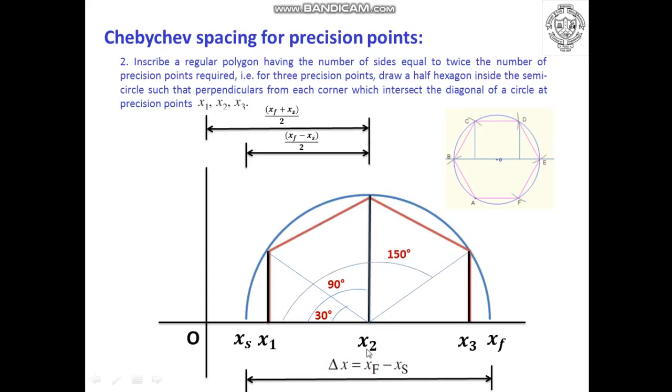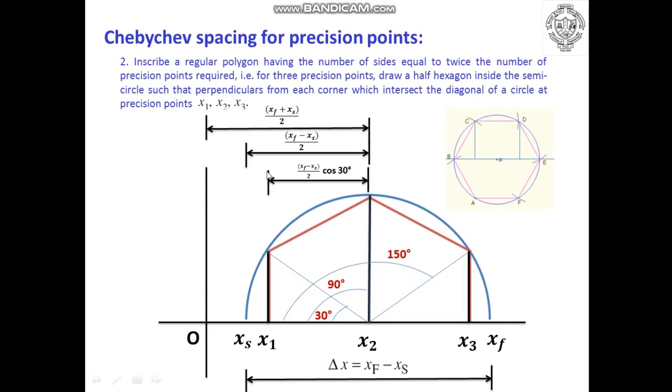Why are we doing this? Because if we would like to find the distance between x1 and x2, which is nothing but the projection of this r on the x-axis, then we can consider the formula r cos 30, so that we will get the distance between x1 and x2, which is shown here.